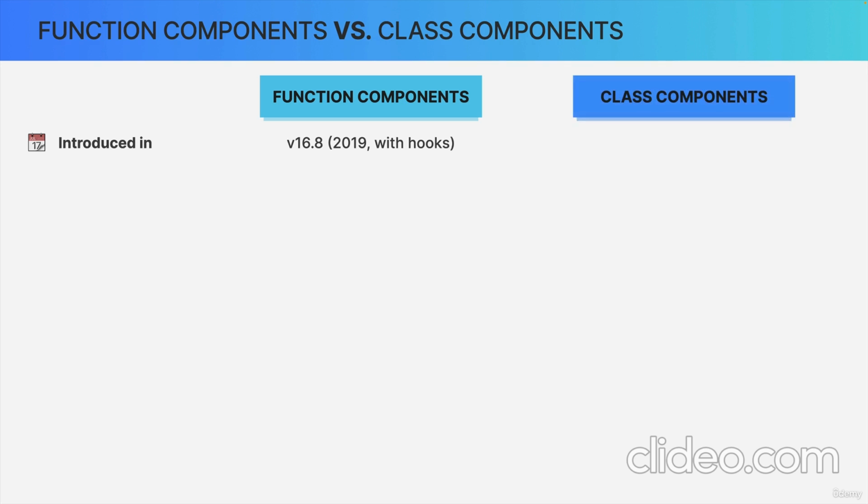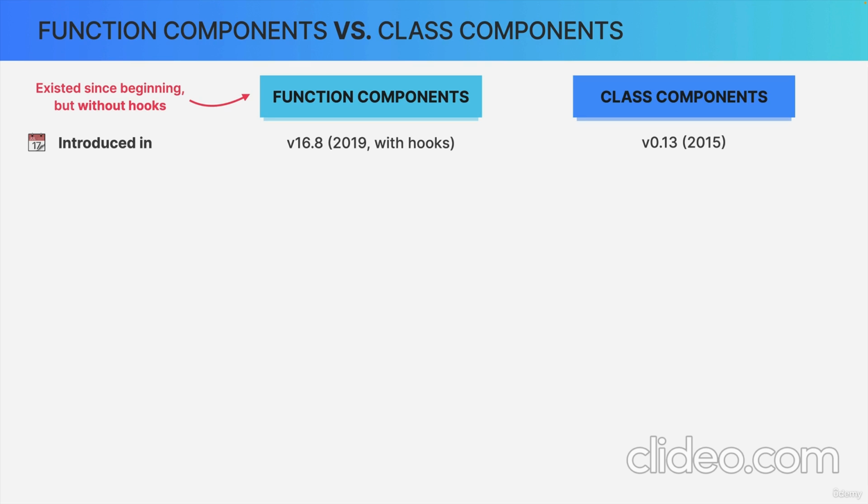Class components, on the other hand, have been around for a long time, so since version 0.13 back in 2015. Now, technically, React has always had function components, but without hooks. So before 16.8, function components were very limited and not really useful, because they couldn't even have their own state.